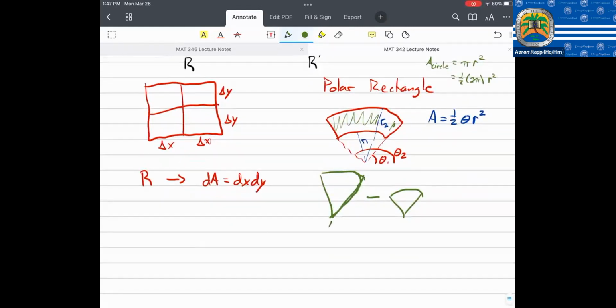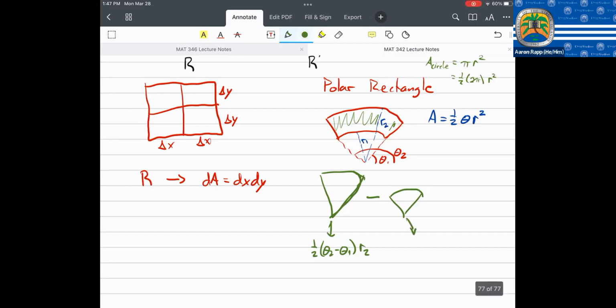Well, this area right here is 1/2 times the angle that I travel, which is just the difference of those two angles, times the outer radius, R2 squared.